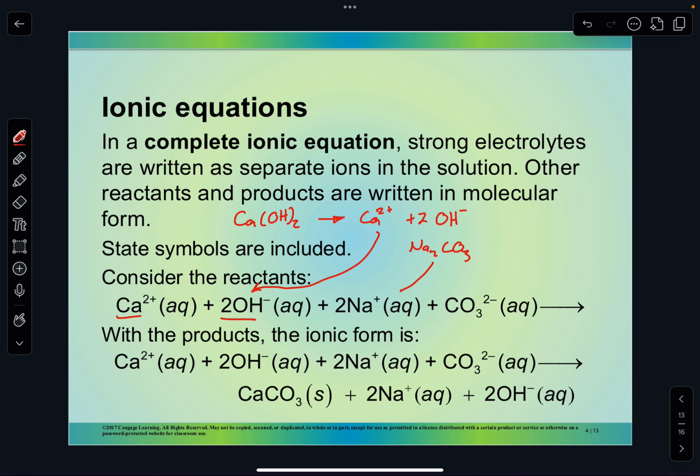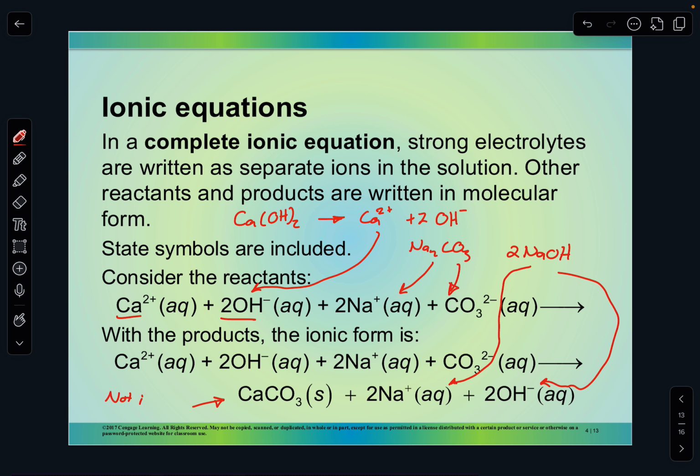We'll do the exact same thing with Na2CO3, and that's going to break up into 2 Na+ and CO3 2-. Now, on the other side of the equation, we have NaOH, and we have 2 of those. And so if we look down here, that's going to break up into 2 OH- and 2 Na+. However, for CaCO3, we do not write that broken up, not ionized.